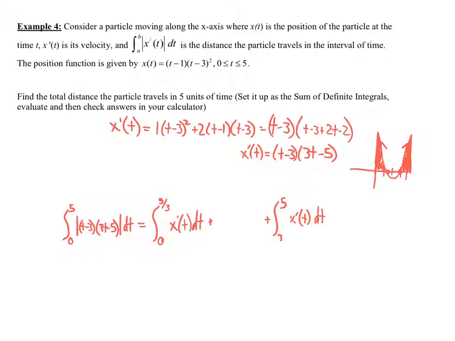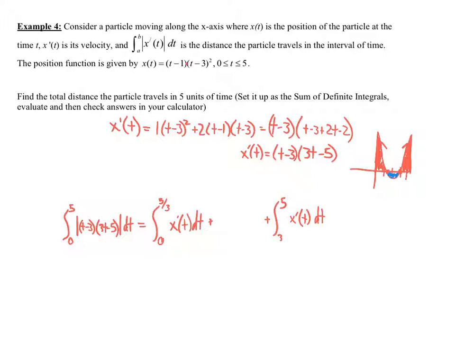Okay? But what do I have to do with that middle part? I got to subtract it. Okay? Because it's a negative area, and this says I want the absolute value. Guys, that's the difference between getting your final position, your displacement, and getting total distance traveled.